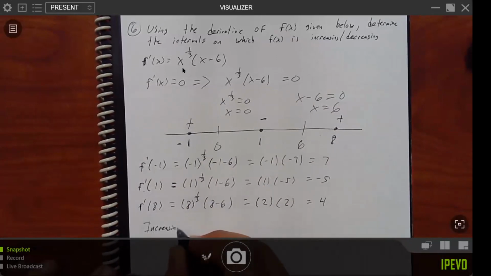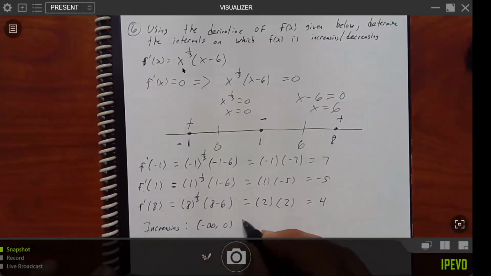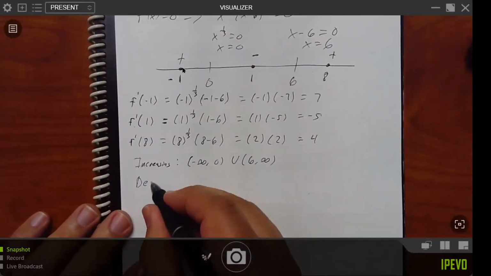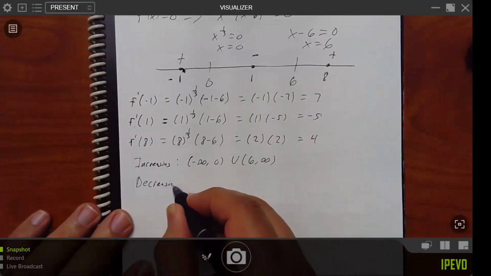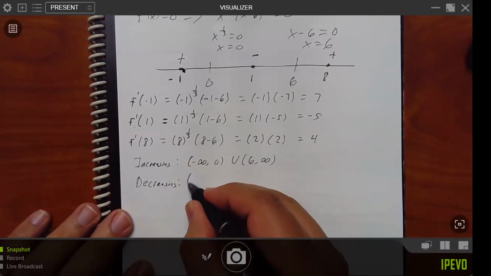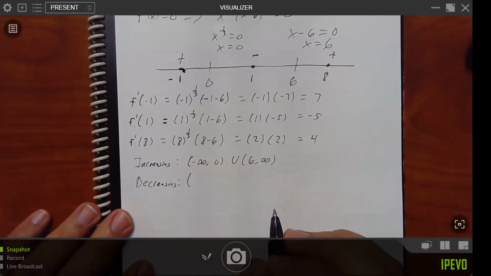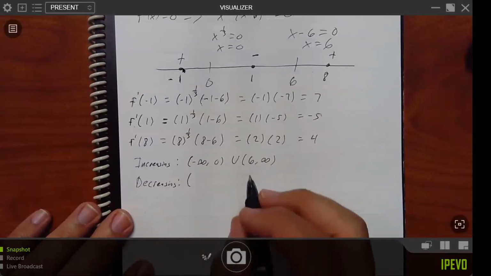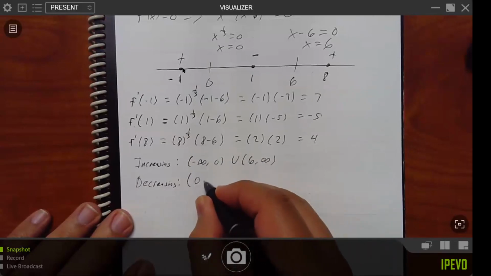So we're increasing from -infinity until 0 and union with 6 till infinity. Decreasing from 0 to 6.